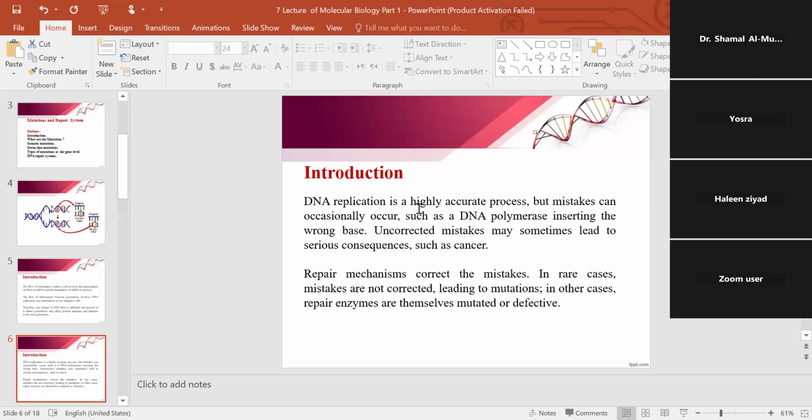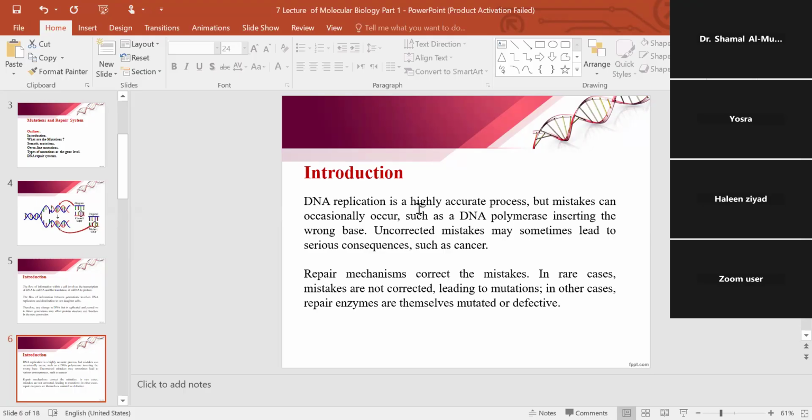But mistakes can occasionally occur. It's not always, occasionally, and sometimes, such as DNA polymerase inserting the wrong base.